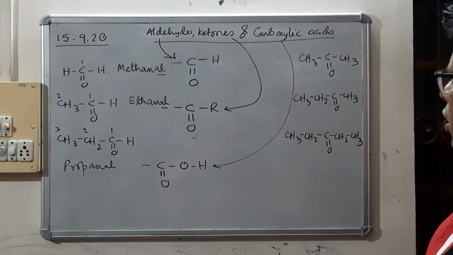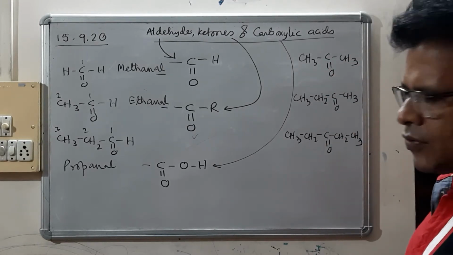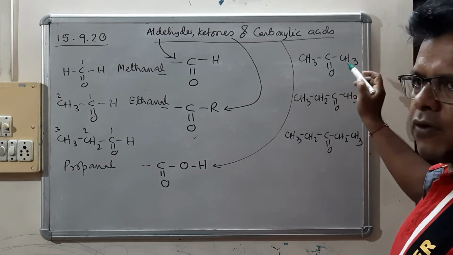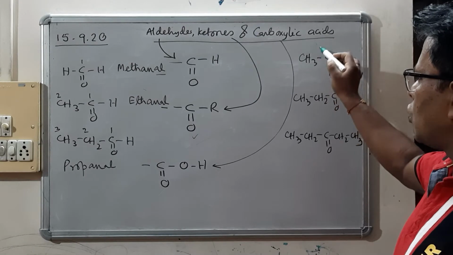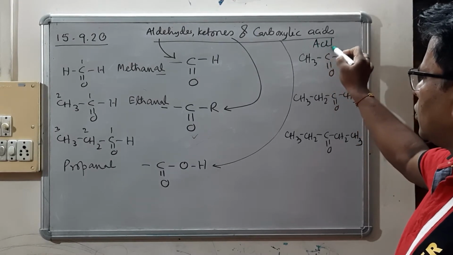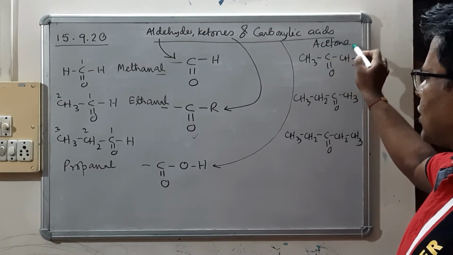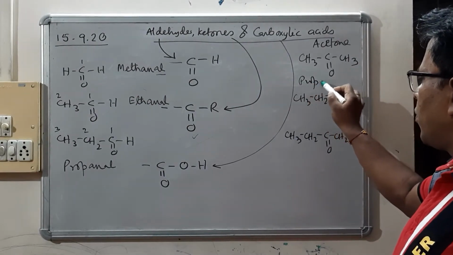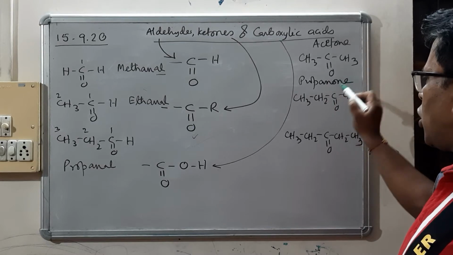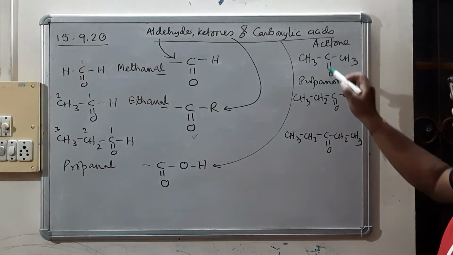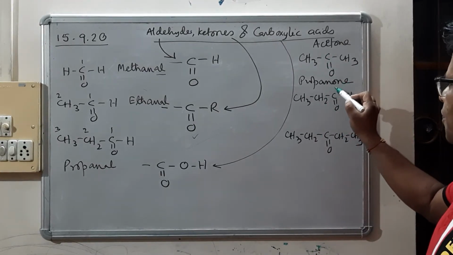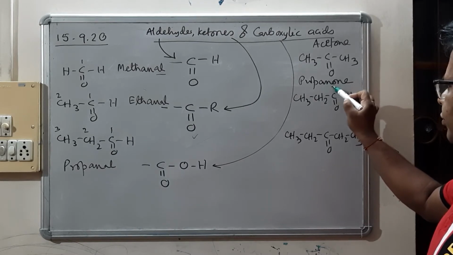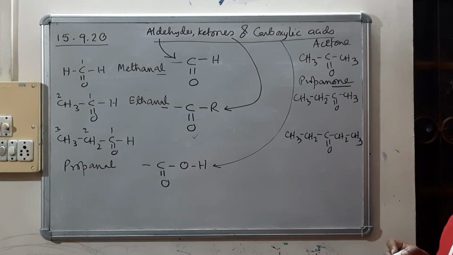So all these are ketones, and as far as naming is concerned, this compound is very commonly known as acetone, and its IUPAC name is propanone. So here in case of ketone, the primary suffix is one.